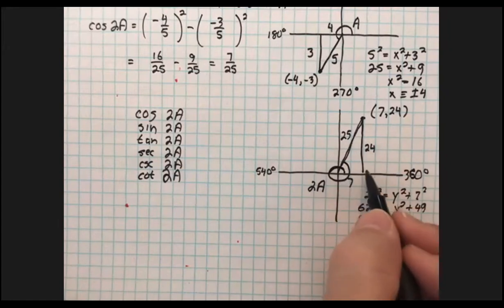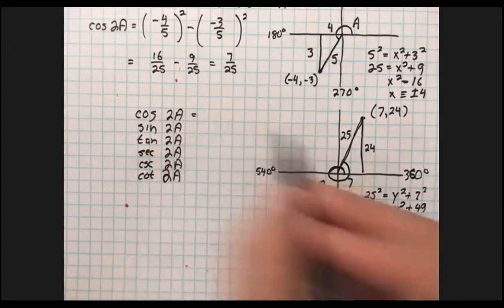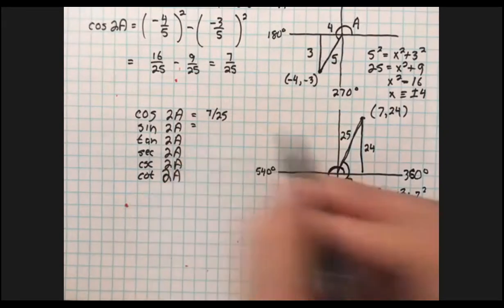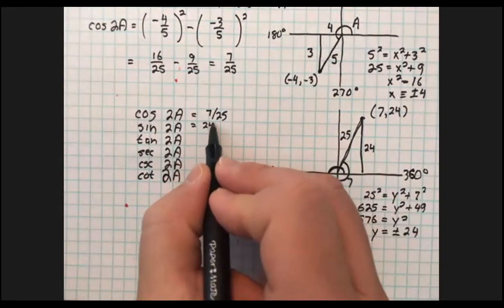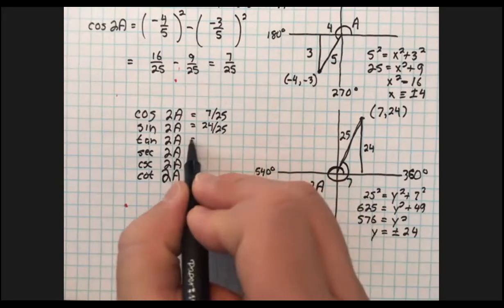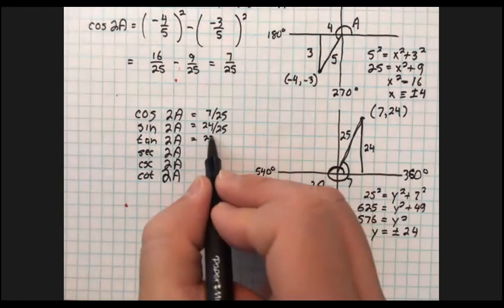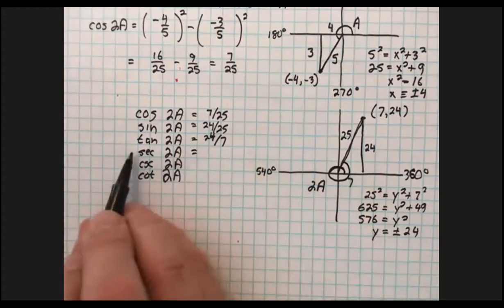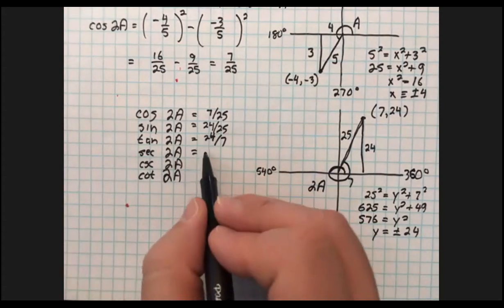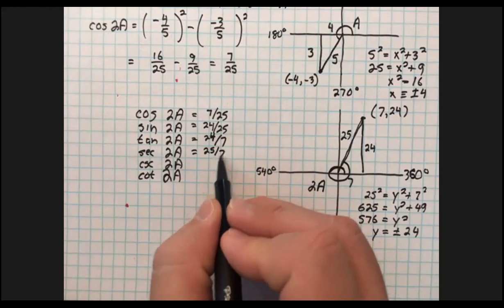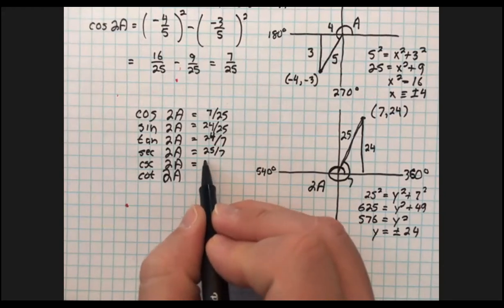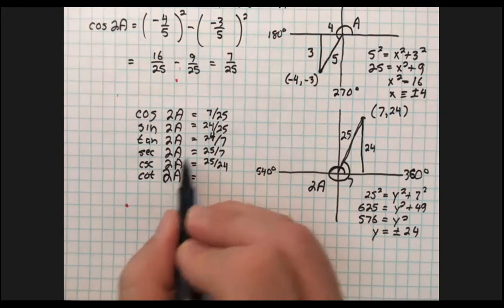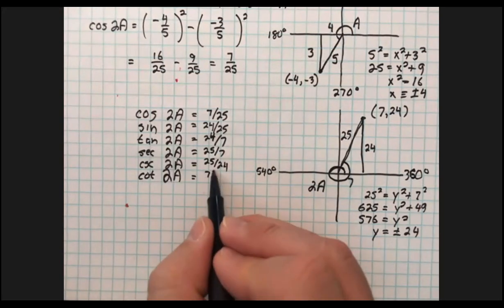Once you draw the angle and label all the sides, you have all this information. Cosine is 7 over 25. I'm in the first quadrant. Sine is 24 over 25. Tangent is 24 over 7. Secant is just a reciprocal of cosine, so that's 25 over 7. Cosecant, reciprocal of sine, is 25 over 24. Cotangent, reciprocal of tangent, is 7 over 24.